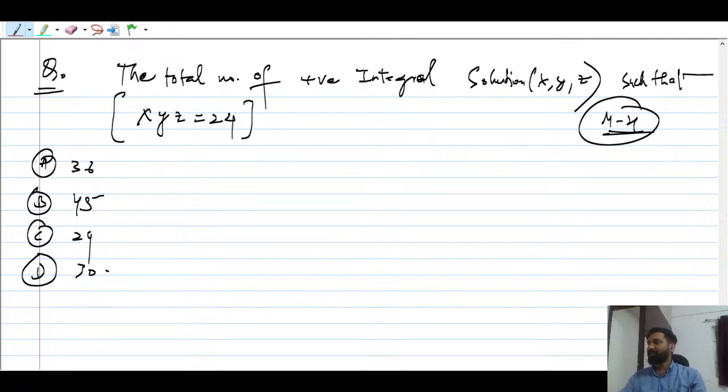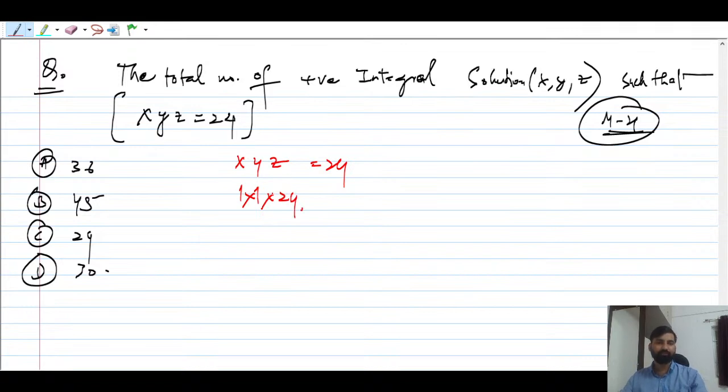If you start making combinations, what will happen? There are 3 beggars x, y, z, and you have got 24 coins. You give one beggar 1 coin, another 1 coin, and the third you can give 24 coins.